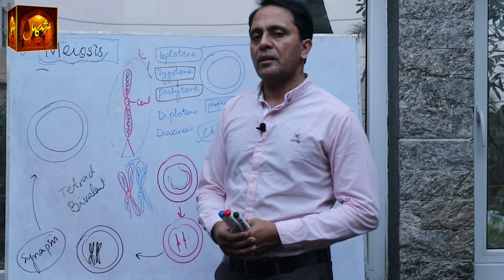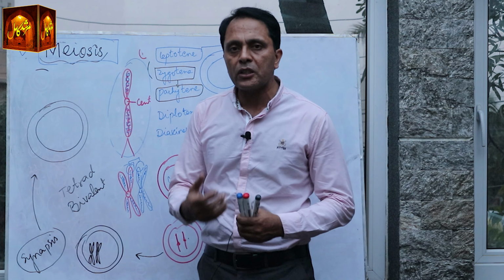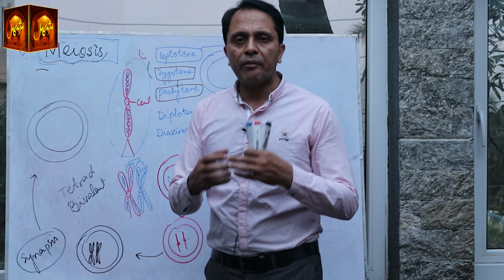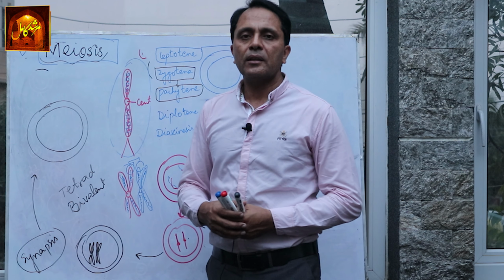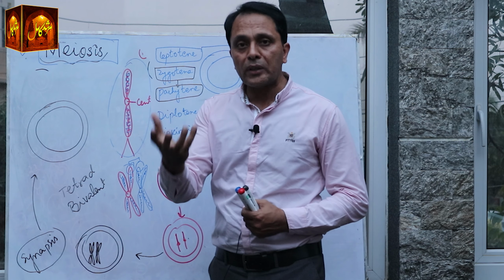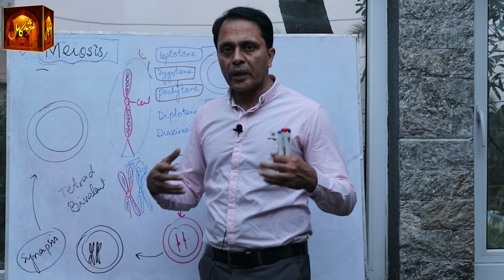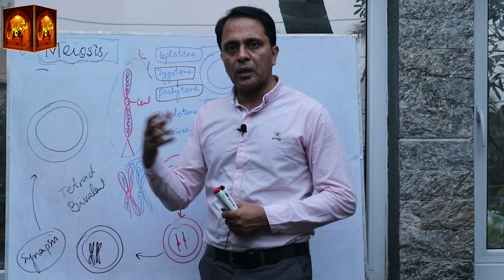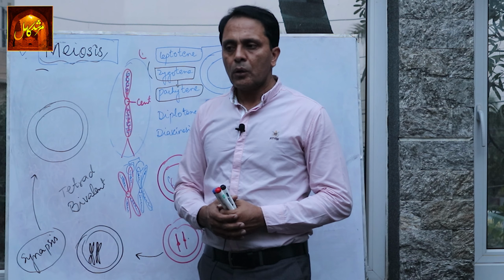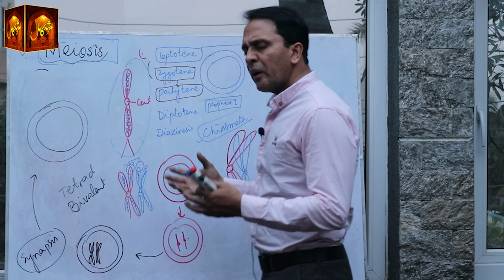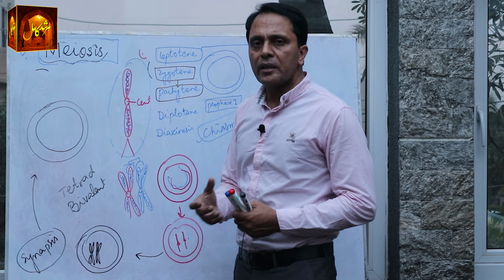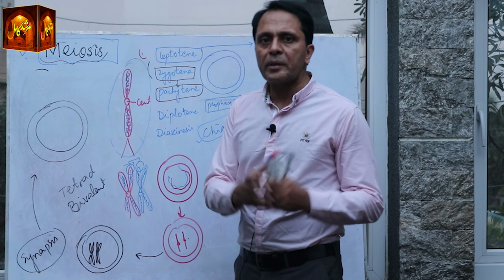This is the reason that will bring some variations. This is the reason siblings in a family have variations in their height, in their intelligence, in their features. We are not the same, even though we are siblings, belonging to the same father and mother. Even identical twins are not 100% the same.